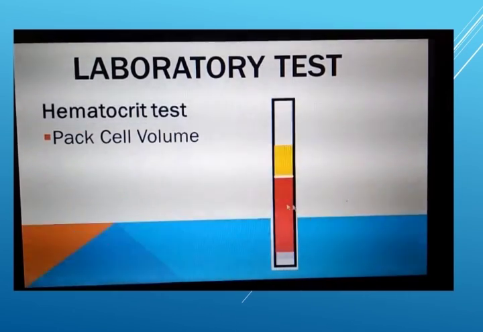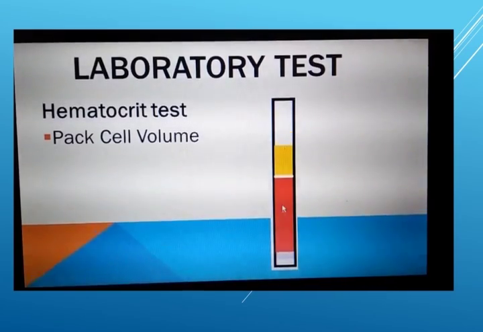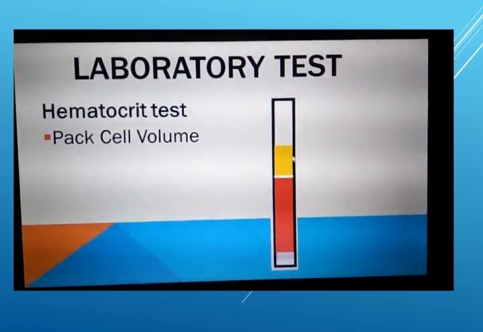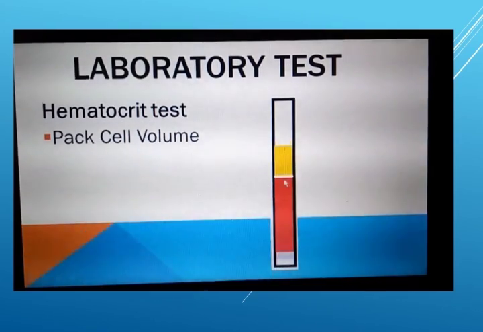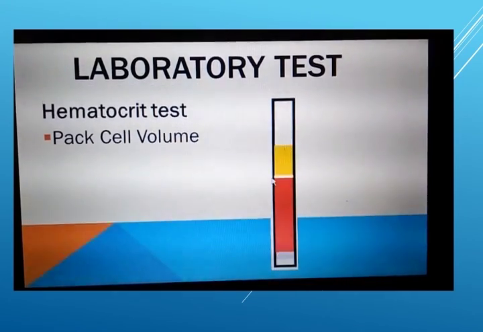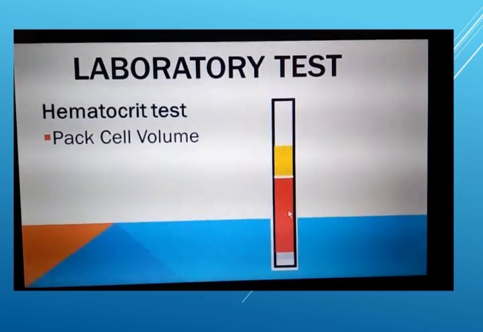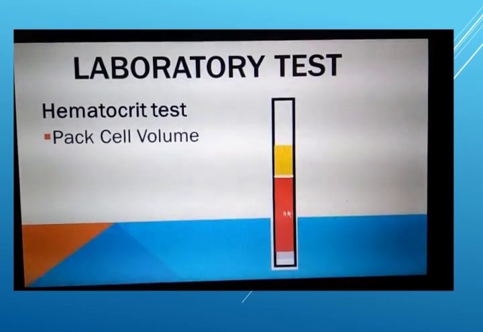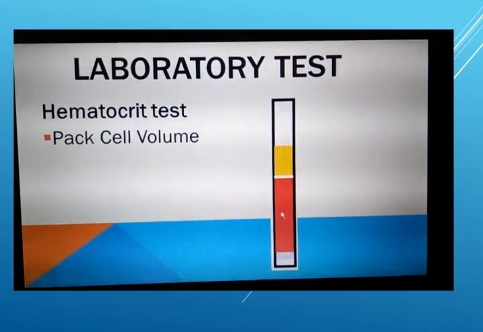This is the packed cell volume after centrifugation, and this upper yellow part is the plasma, and it is separated by the buffy coat. When measuring this packed cell volume, we only measure the red cells, this red part.